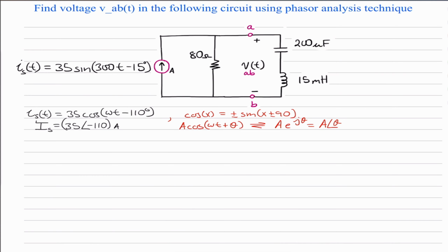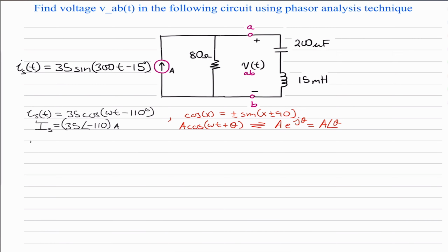We can then go ahead and transform our impedances. The impedance of the resistor stays the same in the phasor and time domain. However, the impedances of the capacitor and inductor are transformed.